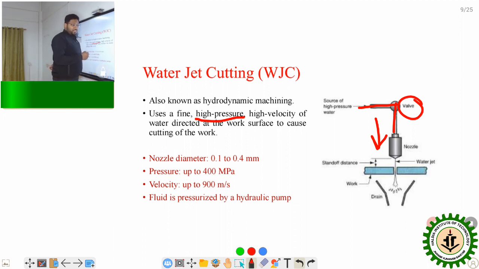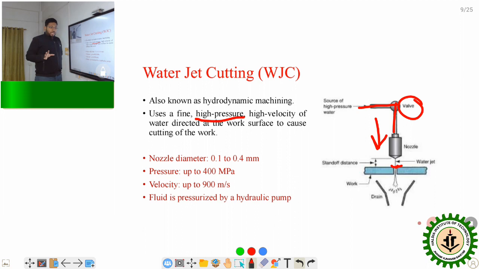Due to the high energy, the kinetic energy of the water will create a distortion on the workpiece surface, and as a result, some material from the work surface will be removed. It does not depend upon the thermal conductivity of the workpiece, does not depend upon the hardness of the workpiece.